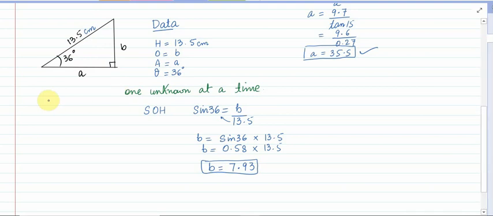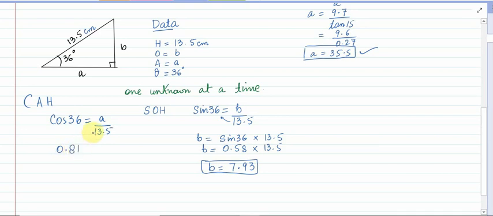Now to find the value of a, hypotenuse is known and adjacent we are looking for, right? A and h comes in cos. So it will be cos 36, adjacent is a and hypotenuse is 13.5, right? cos 36 is 0.81.